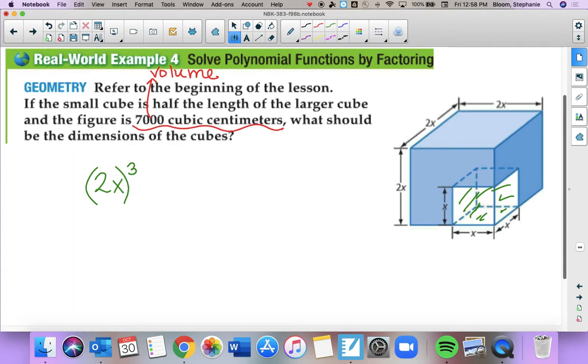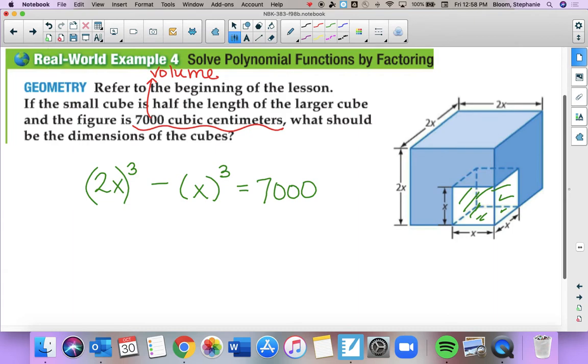So do you have an idea, Maria? Yeah, minus, very good. And what would that equal? Yes, good. Because the whole thing is 7,000, so we got to take the big minus the small.